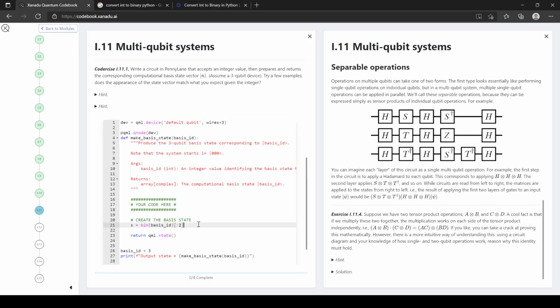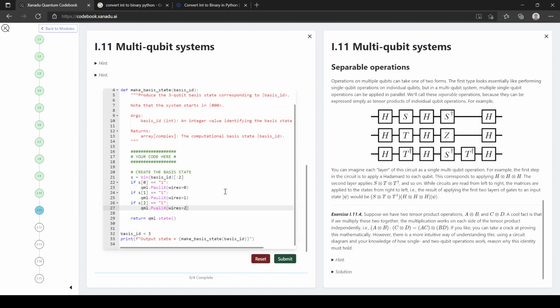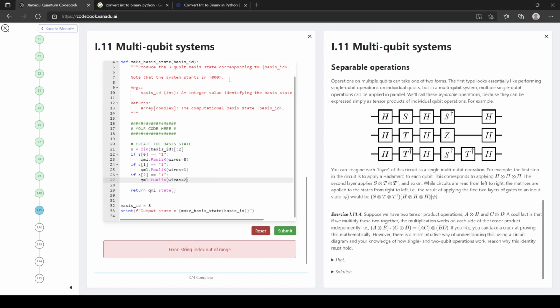Then if s of 0 equals 1, qml.PauliX on wire 0; if s of 1 equals 1, qml.PauliX with wires equals 1; if s of 2 equals 1. If there's a 0 in this state, then we don't need to do any operation. Oh, that's why we want to do 2 right there.